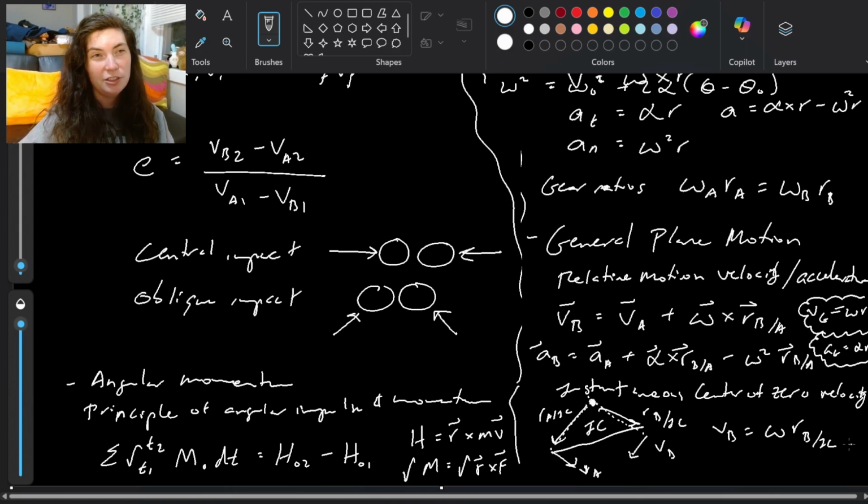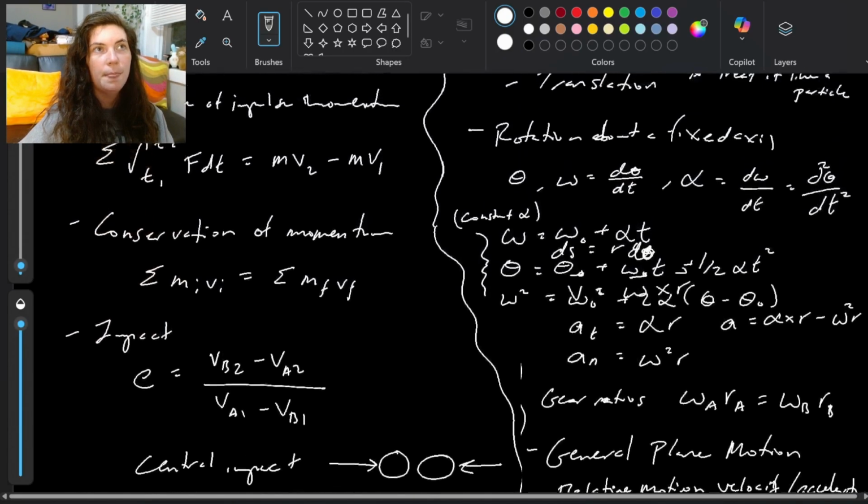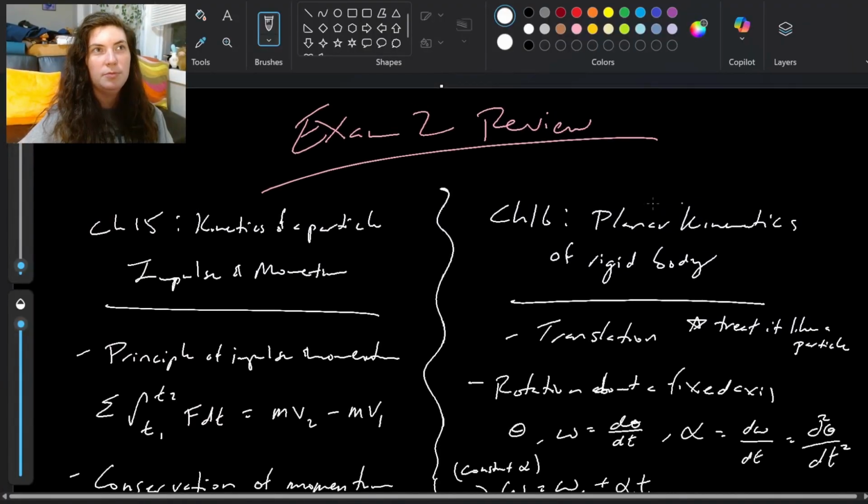I am not 100% sure what the question split will be on this. It will still be 3 questions. And I think it will probably be 2 from chapter 16 and 1 from chapter 15. I'm not 100% sure on that yet. It could be the other way. It will definitely be 1 of each for sure, 1 of 15, 1 of 16, and then it is likely going to be 2 from 16.